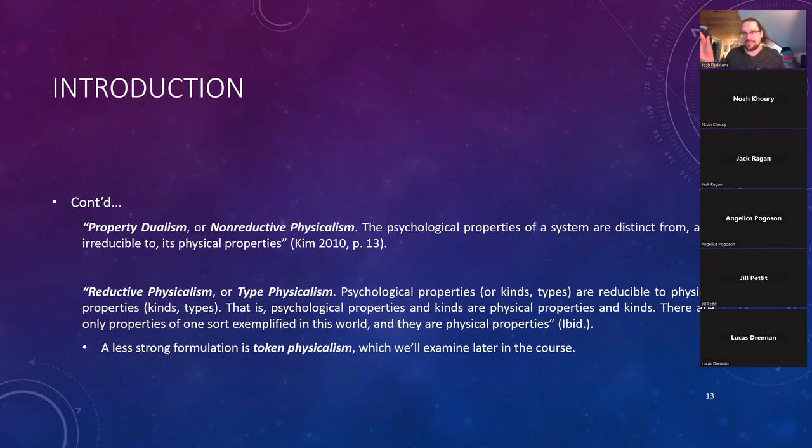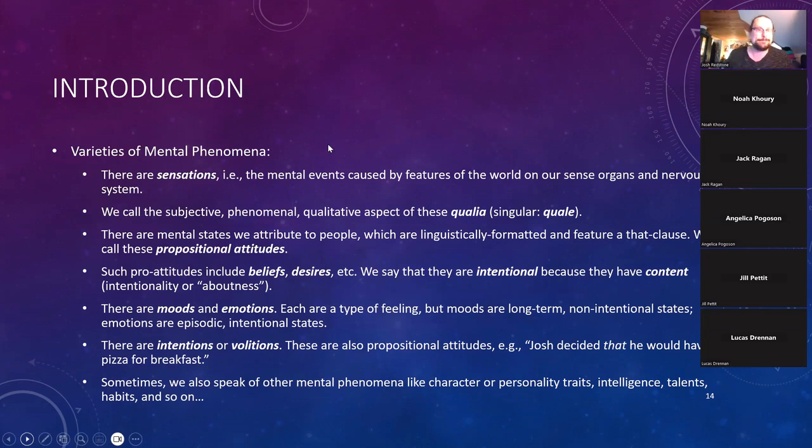So belief would be a kind, and my belief that Ottawa is the capital is a token of that type. Your belief that Ottawa is the capital is a different token of that type. My belief that it's raining in Ottawa is a different token of a type of belief. You see? Anyway, don't worry too much about these details. We will fill all of this out as we proceed.